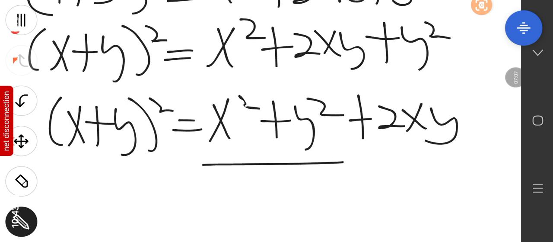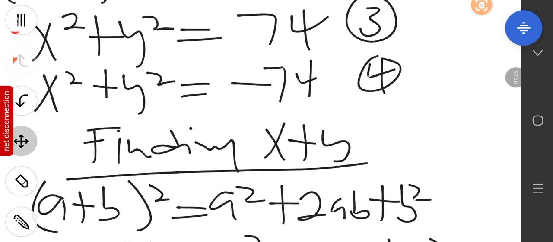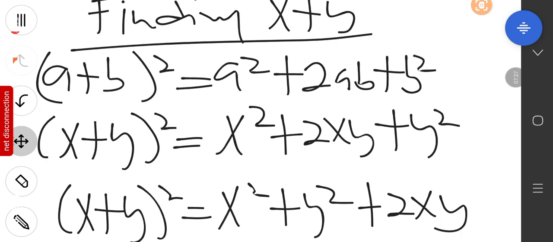Okay, so you can see from equation 3, we can substitute this. We can put the value for x squared plus y squared here. So from equation 3, x squared plus y squared equals 74.